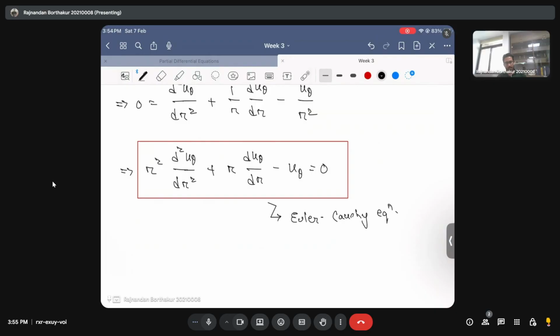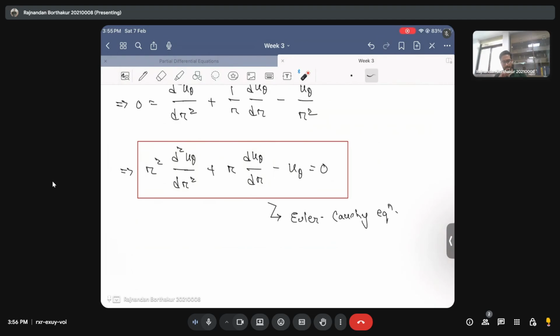The reason this ODE is not directly integrable is, first of all, that you have the second derivative, first derivative, and u_θ. That is okay. But more importantly, the coefficients are variable. Typically you have r squared multiplied with d²u_θ/dr².